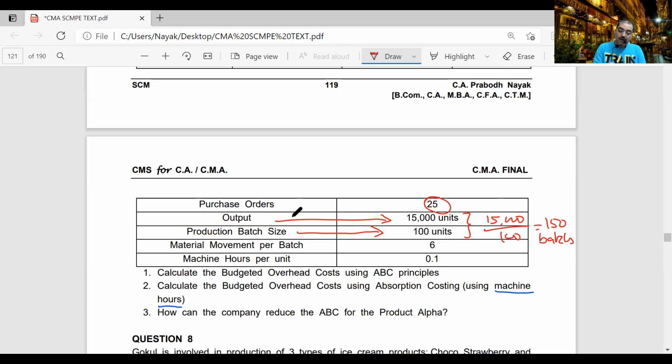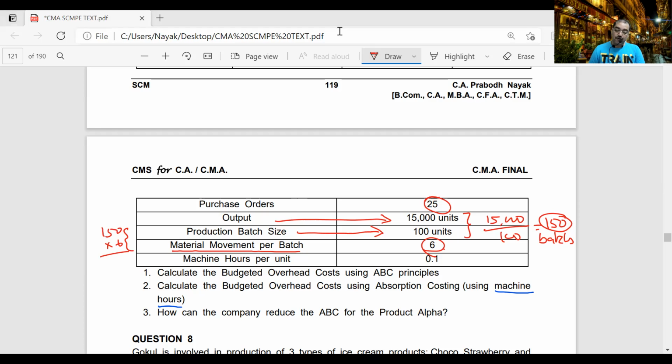What they have given here is material movement per batch is 6. That means there will be 6 movements per batch. But how many batches are there? 150 batches. So total material movement will be 150 into 6, that is 900.